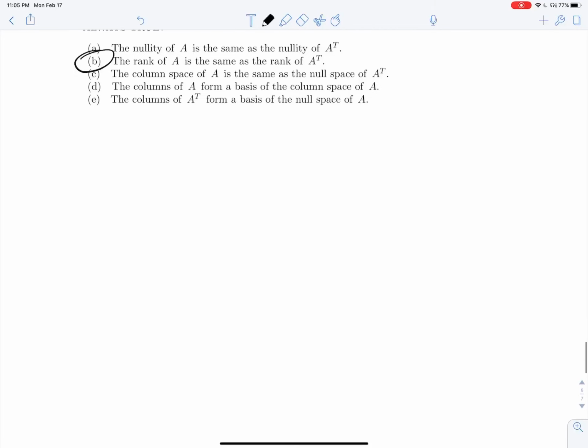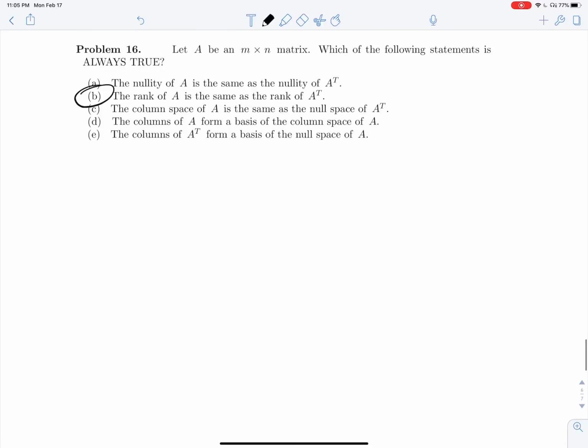We also know that the number of columns is equal to the rank of a matrix plus the nullity of a matrix.